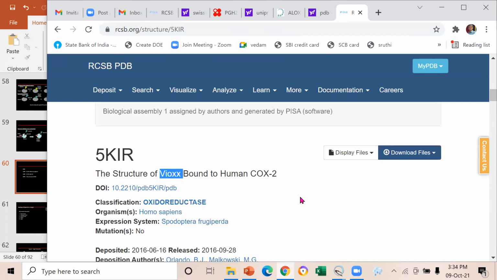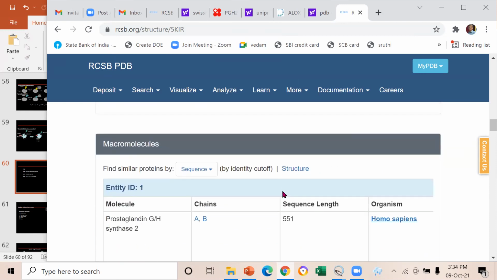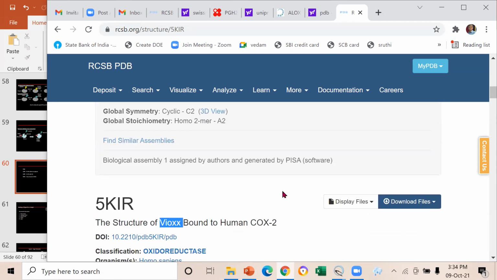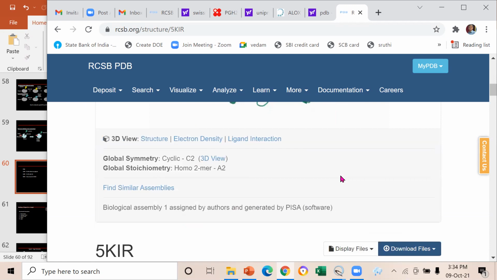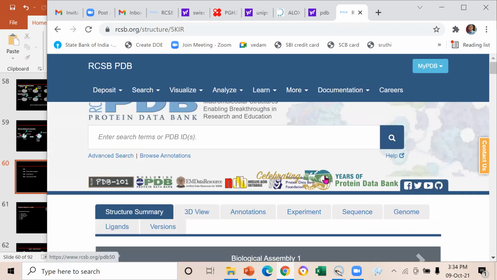You must have heard of this in our pharmacokinetics module and QSAR also, where this is a commercial drug bound to the human COX-2 enzyme. So the PDB database contains 3D structures of proteins with an identity number.